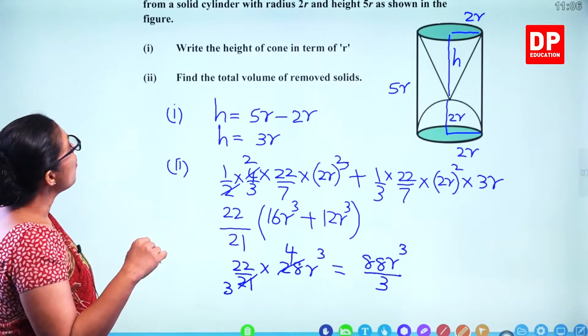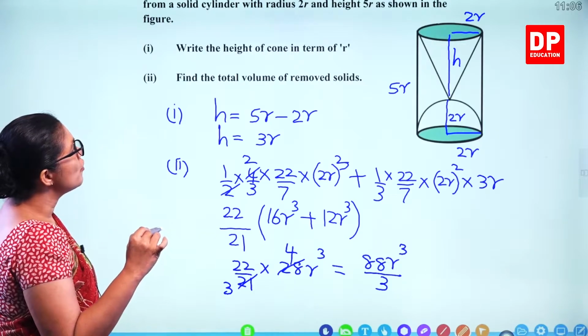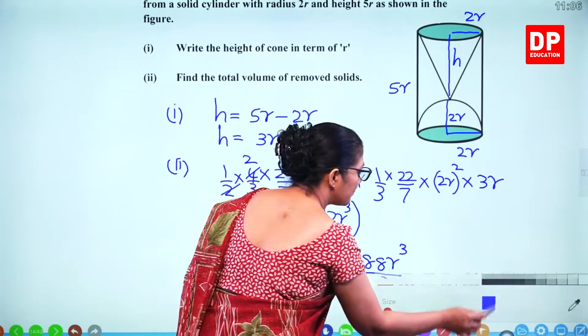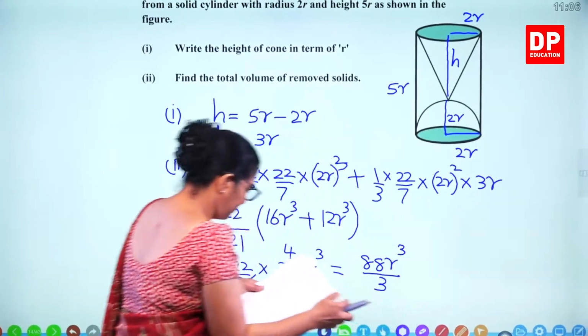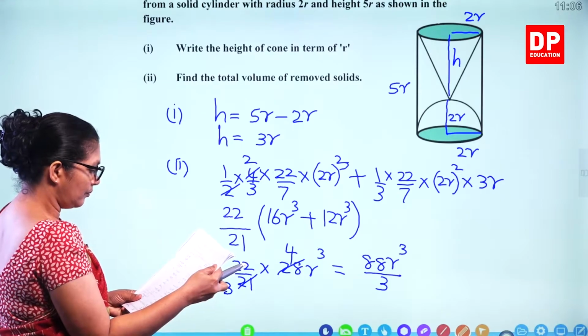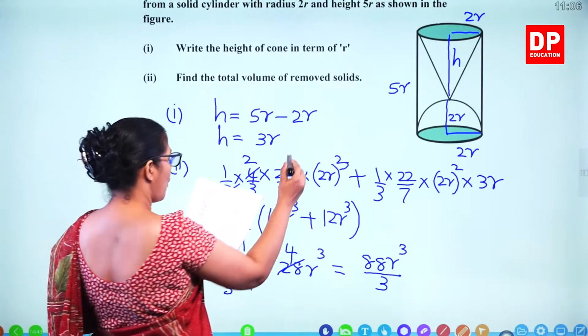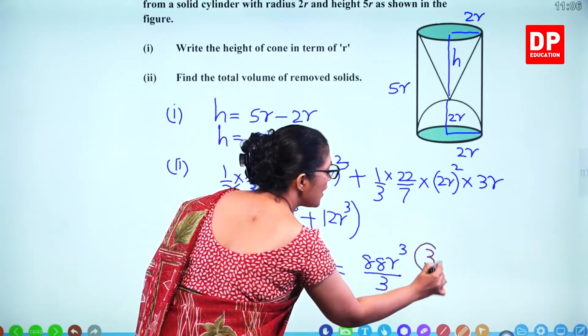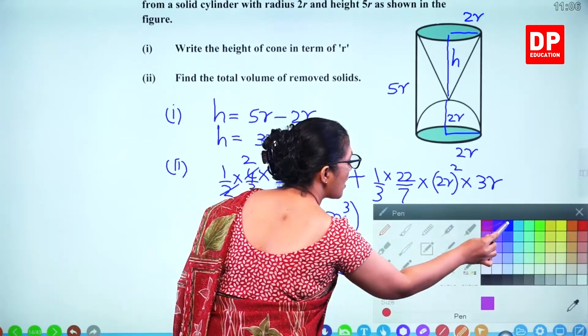That's the total volume of removed solids. So how many marks for that? 3 marks for that and 1 mark for here. So altogether 4 marks.